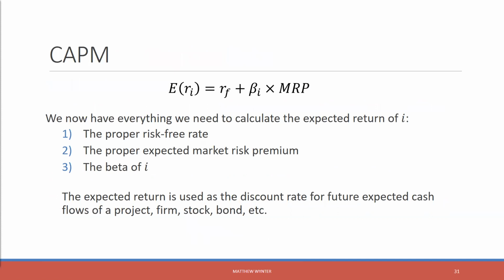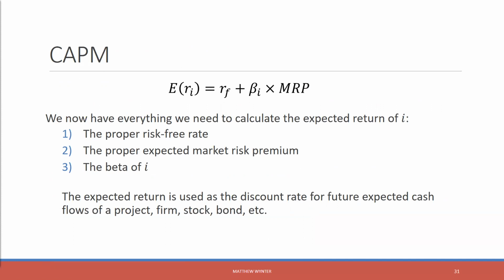Okay, so we now have everything we need to calculate the expected return for security I, project I, any I that you can think of. We know how to find our risk-free rate. We're going to take the maturity of the treasury and match it. We also know how to find our market risk premium. We're going to use the average historical return for the S&P 500 or for a market portfolio over the risk-free rate.